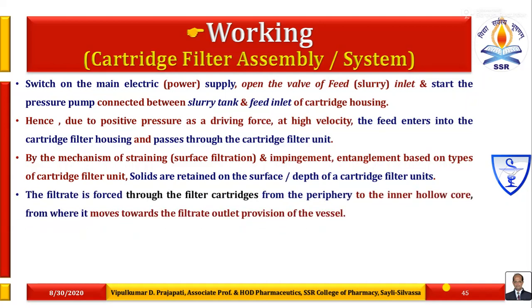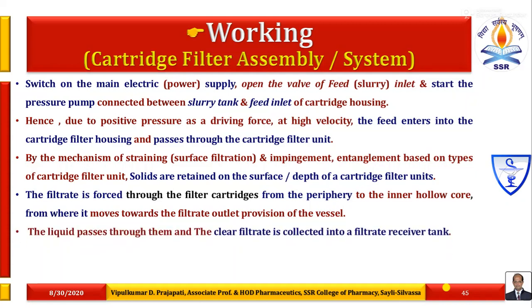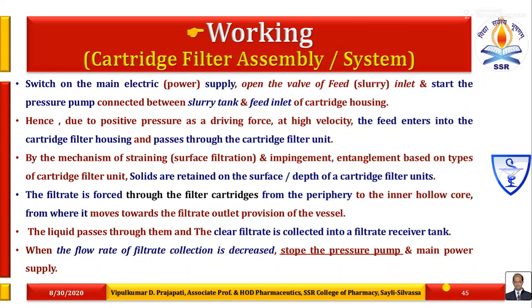The filtrate is forced through the filter cartridge from the periphery to the inner hollow core, that is, from outside to inside, from where it moves toward the filtrate outlet of the vessel. The liquid passes through and the clear filtrate is collected into a filtrate receiver tank connected to the cartridge housing.